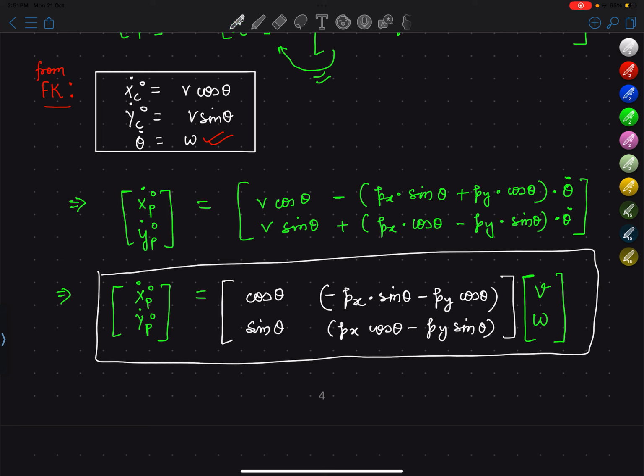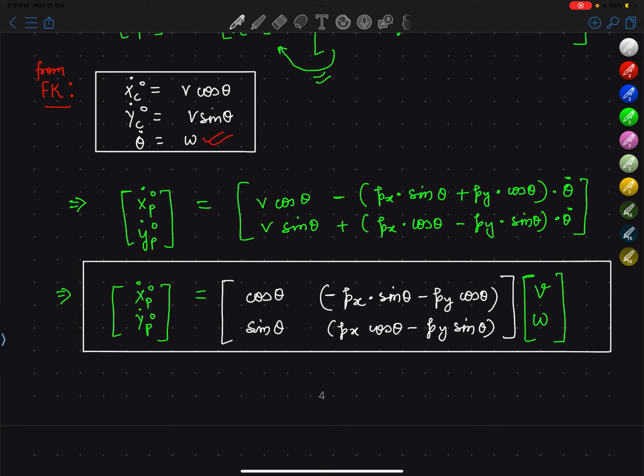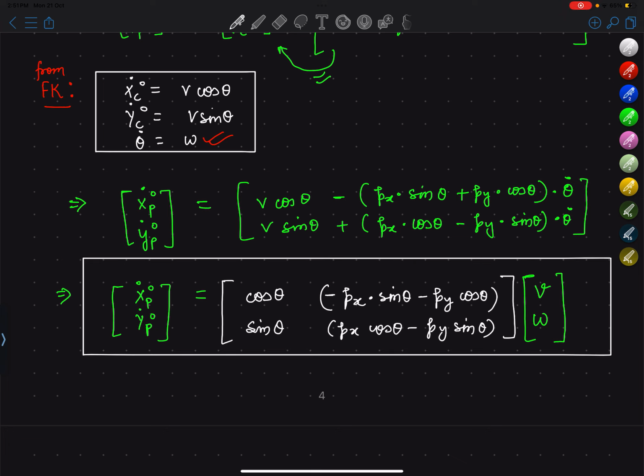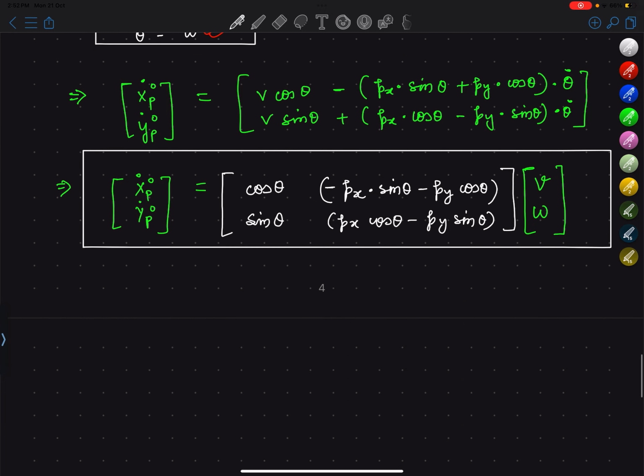It is not exactly the inverse kinematics, but you know v and omega can be written in terms of the wheel velocities. So we'll use this relation in trying to control the robot in following a reference trajectory. So this is one.